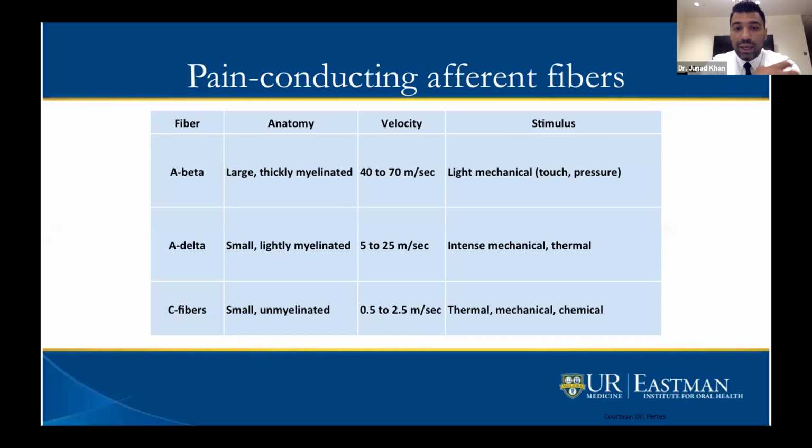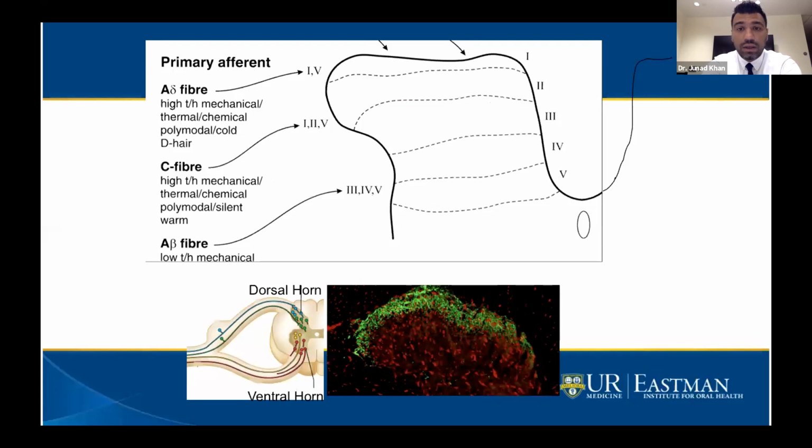That sharp shooting pain secondary to pulpitis, or that intense pain that a patient is experiencing, is usually due to A delta fibers. Like I said, A beta fibers are not involved in pain, but in some conditions, they can start transmitting pain. Once this information goes from the periphery to your nerve fiber, it goes all the way up to your spinal cord.